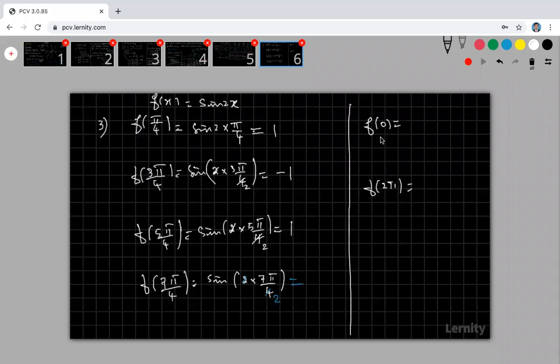Are you clear? And come to sine of 0. This is sine of 2 into 0. Actually, sine 0, I know the value of sine 0 is 0. And this is sine of 2 into 2 pi. Actually, 2 into 2 pi means sine of 4 pi. What is sine of 4 pi?